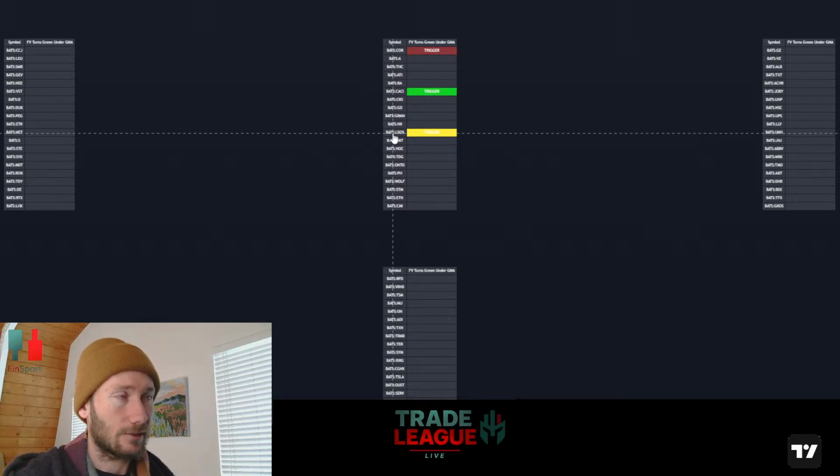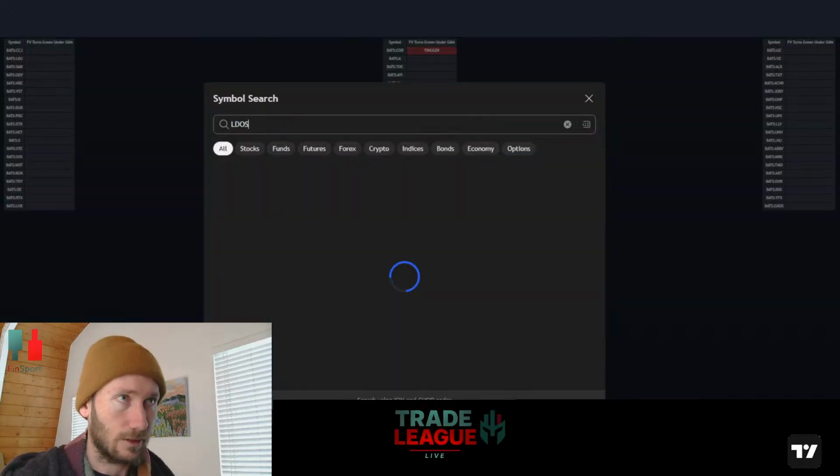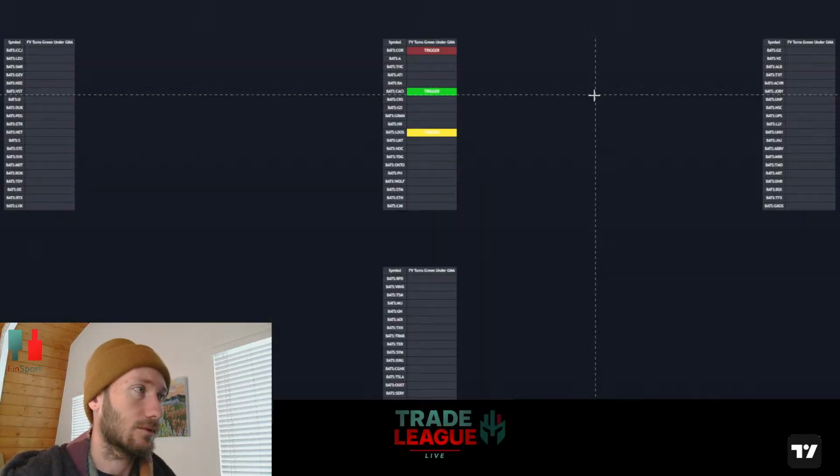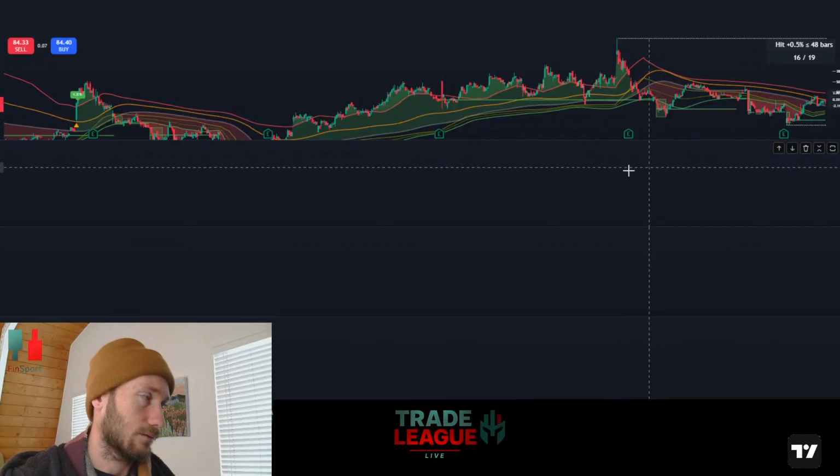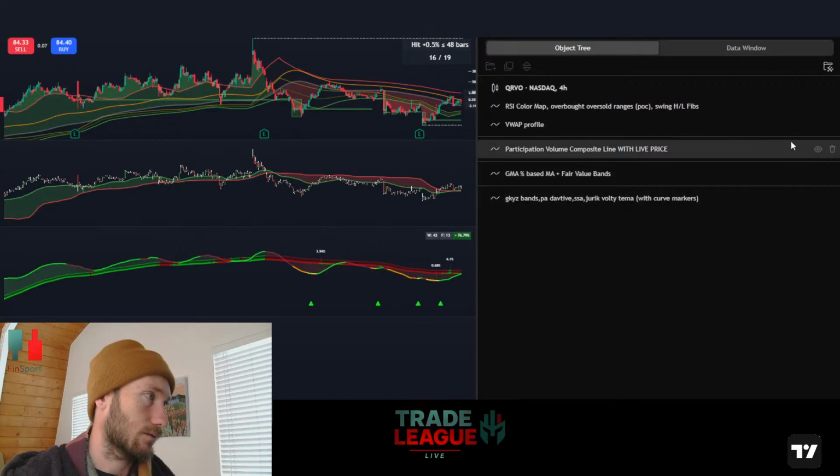Let's look at LDOS so I can explain this signal really fast. Look at the trend, so I can show you what this signal represents. It's this GMA.